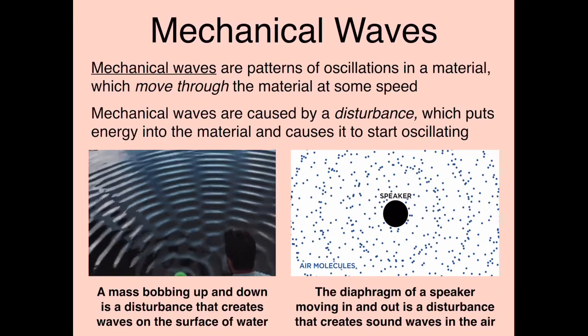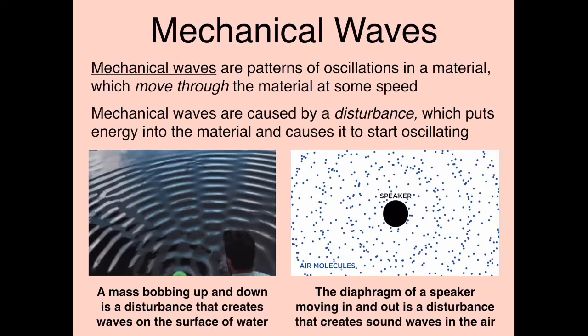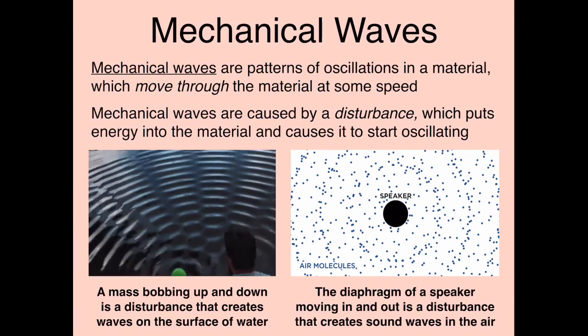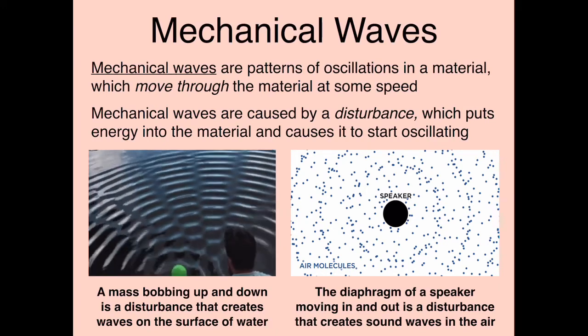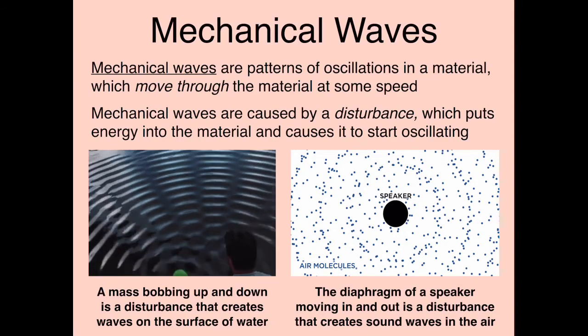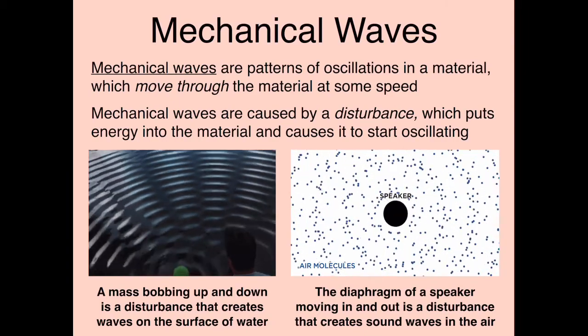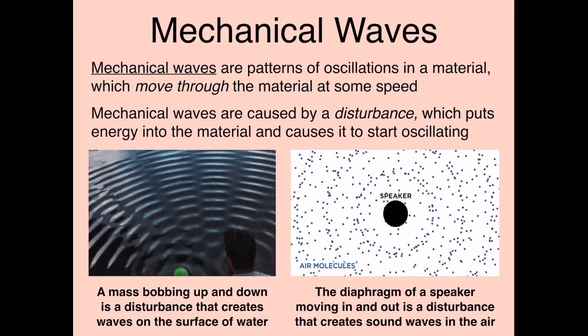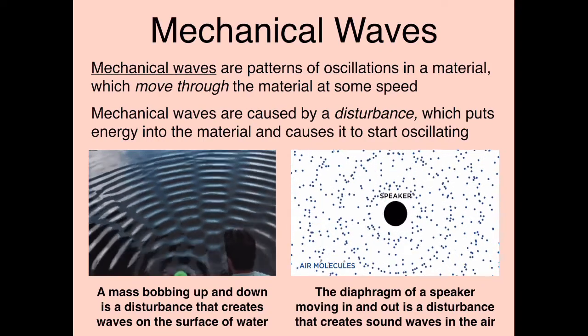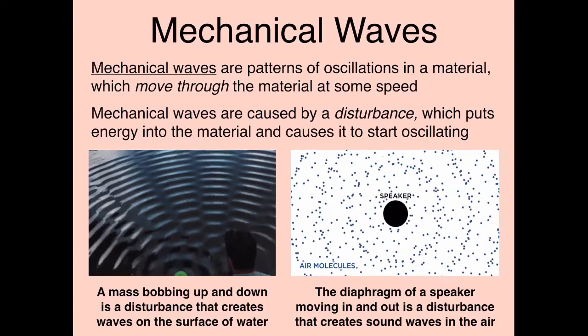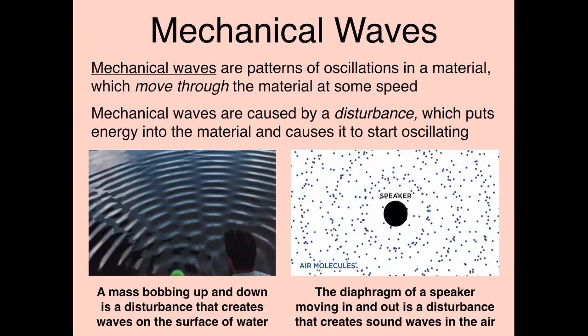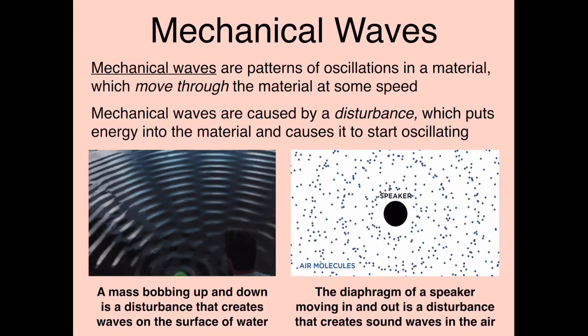On the other hand, if we look over here, this is an animation of a speaker and some air molecules nearby the speaker. So what happens when you have any type of speaker or even your headphones, the diaphragm of the speaker moves in and out in a regularly repeating sort of way, and it causes the air molecules nearby to start vibrating at that same frequency.